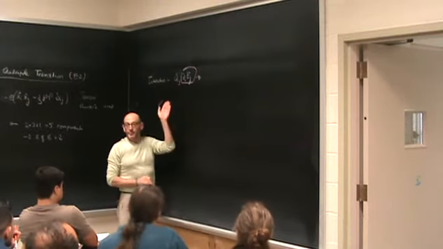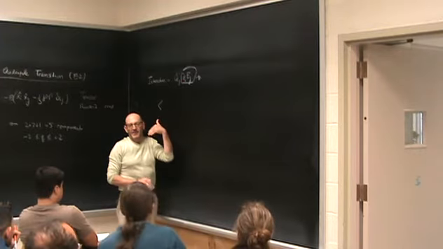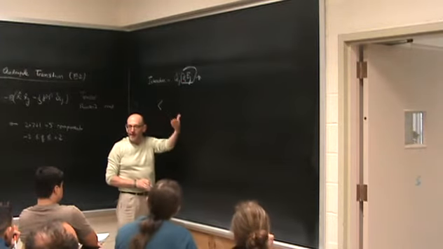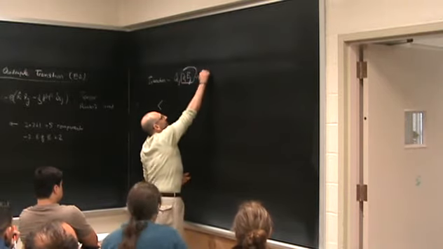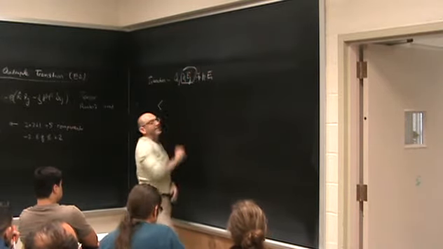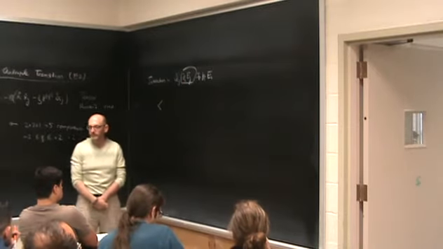Then this derivative would be something like 1 over the wavelength, or the wave number, right? So this goes like k times E, something like that. Okay.